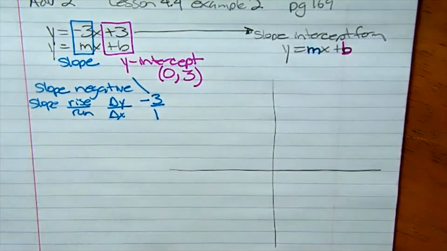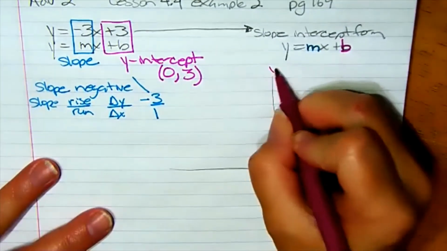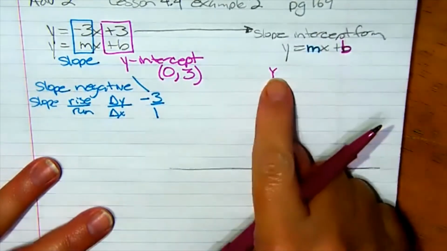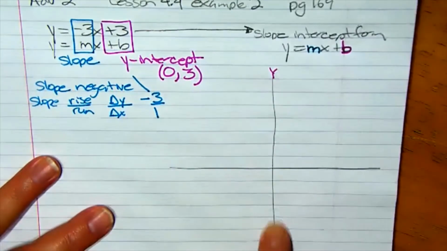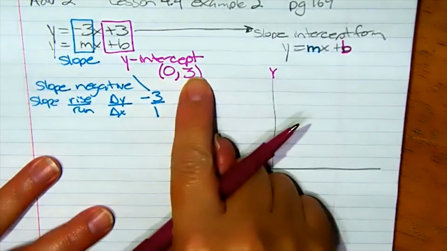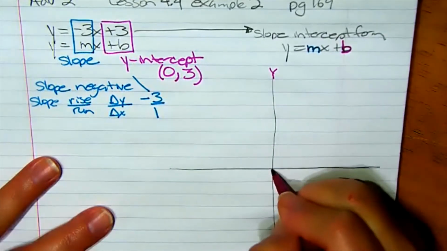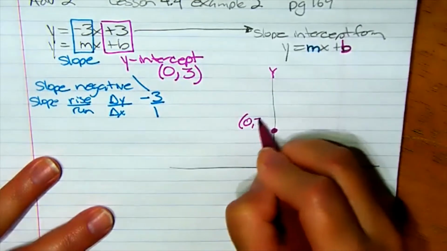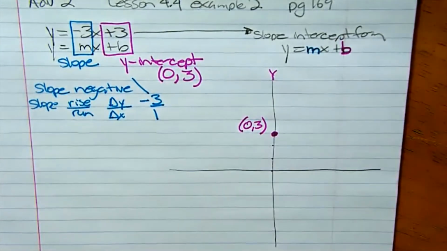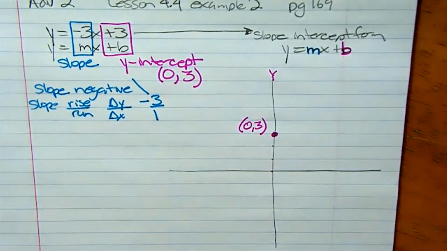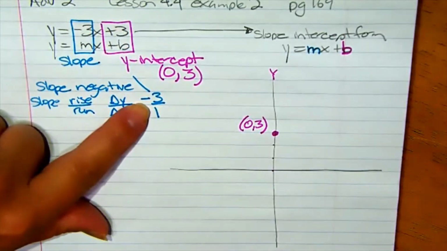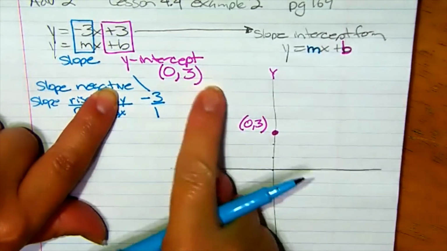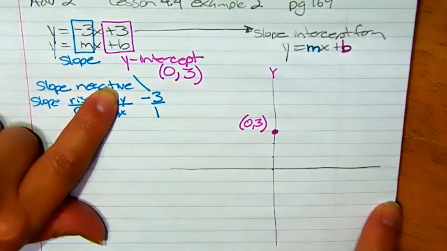So we're going to start with our y-intercept. Here's our y-axis, and it is 0, 3. 0, 1, 2, 3. Right here is our y-intercept. Now we're going to work with our slope. We know our slope is negative, so it's going to go down.